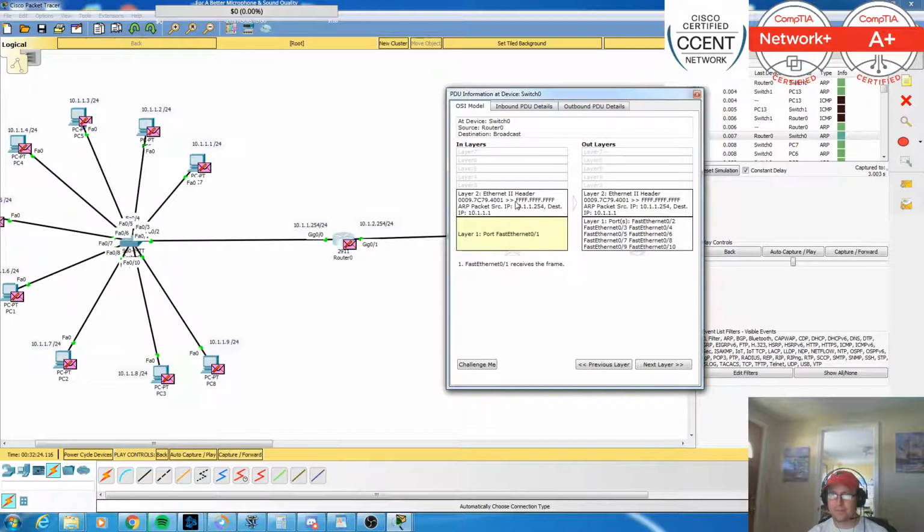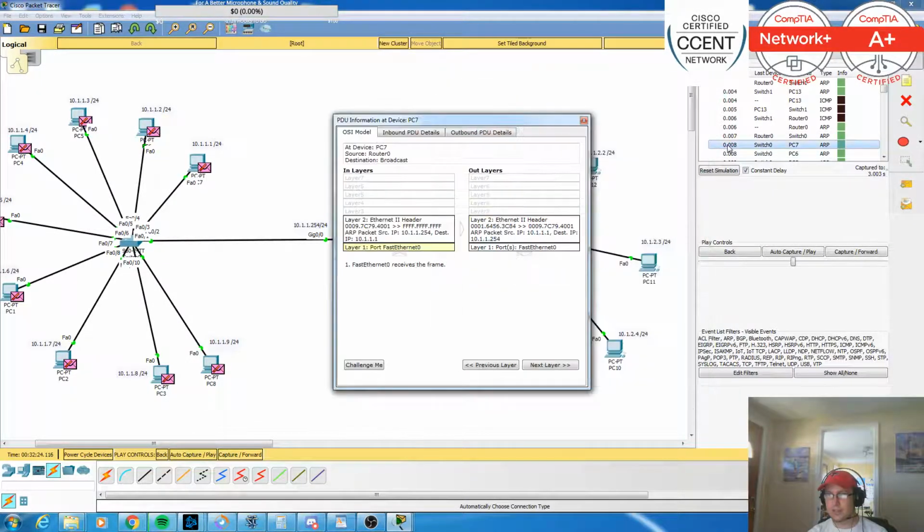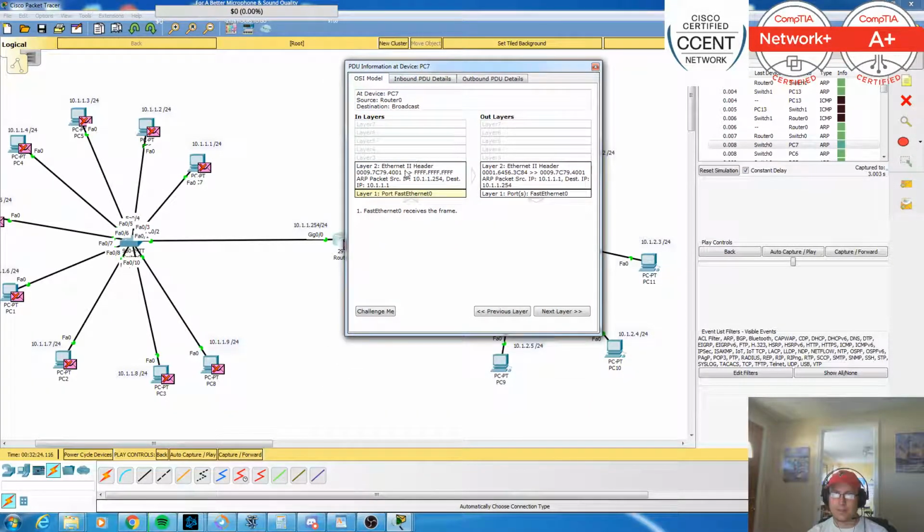Now notice the router gets the broadcast, and then when it goes out from here, it's going to, oh, actually it doesn't show it there. Go on ports, let's see. See if I can find the switch here. There we go. It's okay. If we look here, this is when it hits the switch over here looking for PC1.